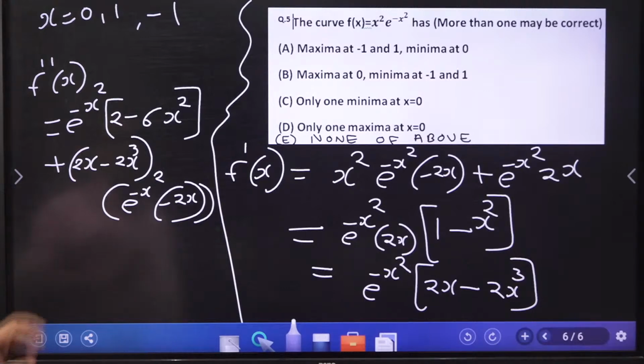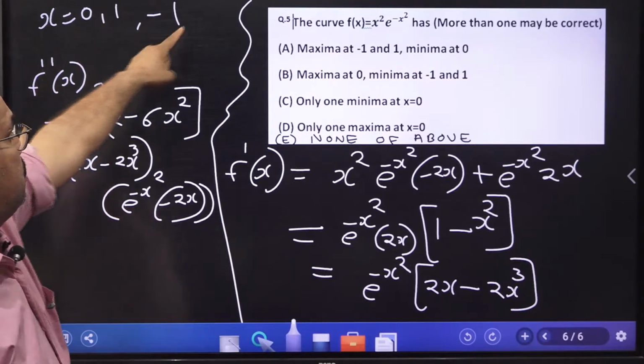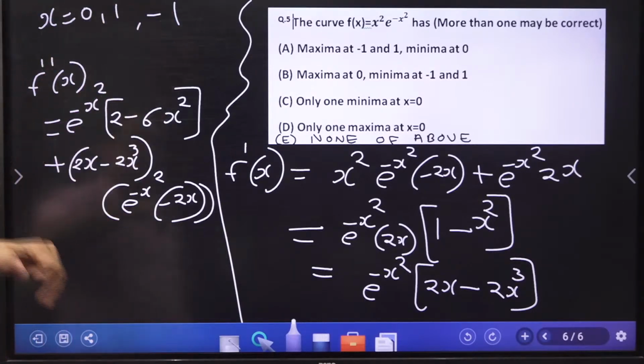We will compute the value of the double derivative at each of these 3 points, and then we will decide which is a local maxima or local minima point.